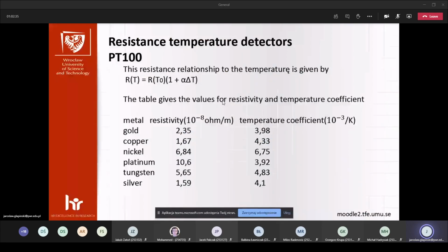Okay, so that was the thermocouple. Now we are going towards the resistance detector.